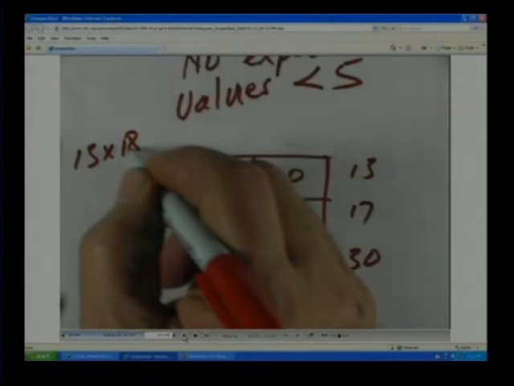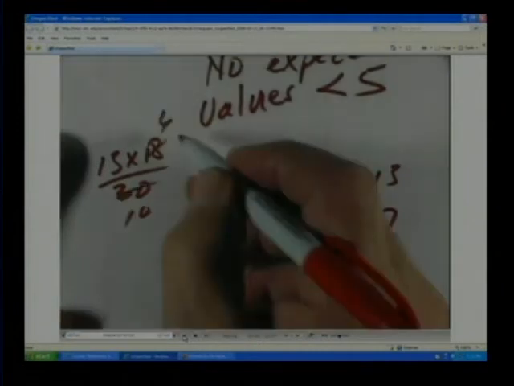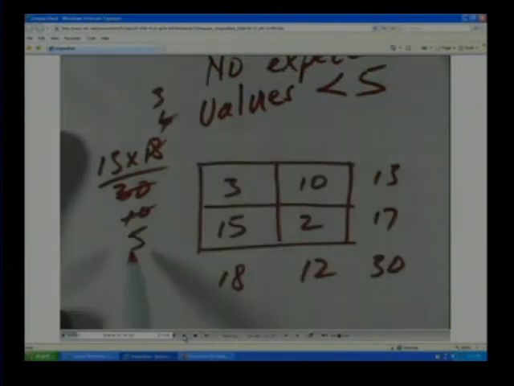I didn't bring a calculator with me to do all of that. But let's see, 6, 10, 3, 5. So that's going to be about 39 over 5.